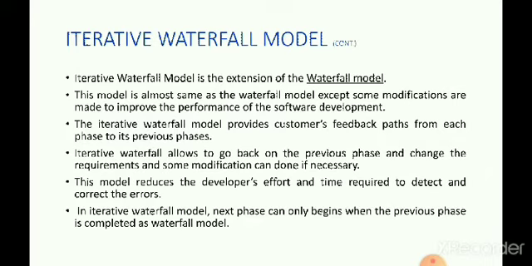It allows us to go back to the previous phase and change the requirements, and some modification can be done if necessary. This model reduces the developer's effort and time required to detect and correct the error.